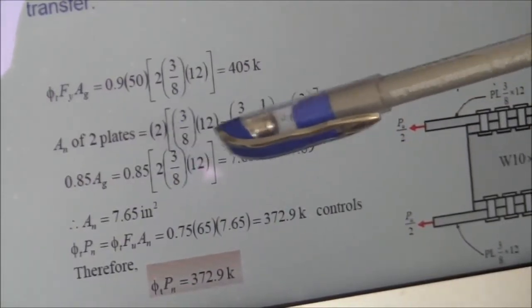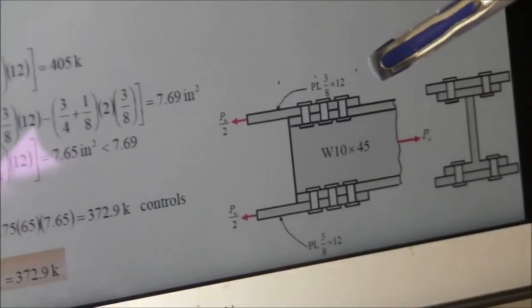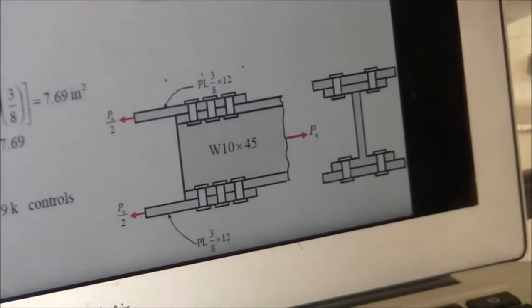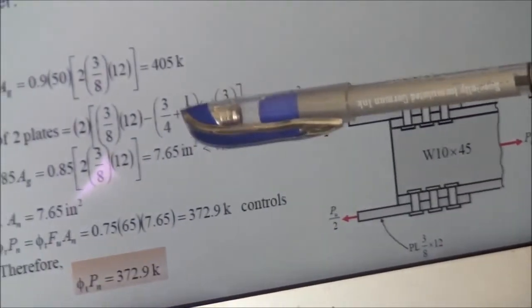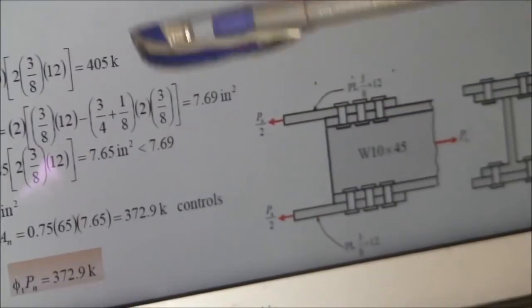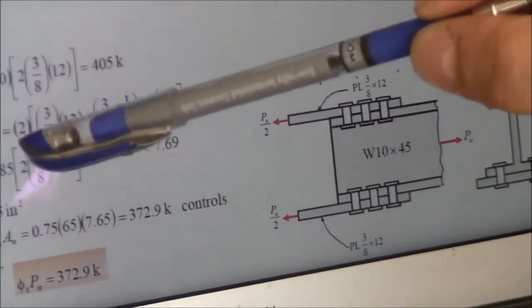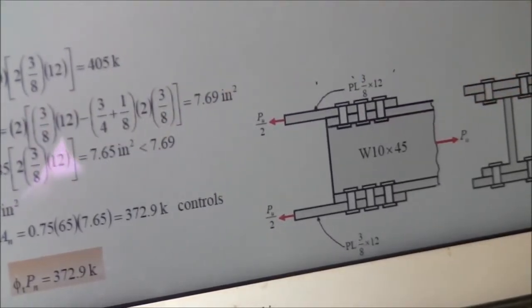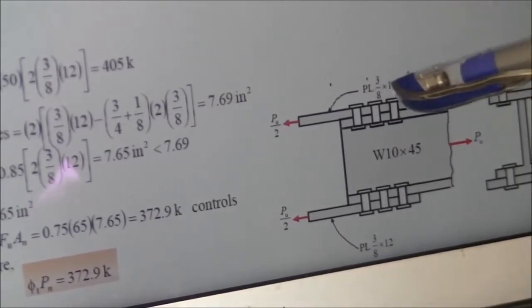And for the two plates, he's subtracting the bolts. You have 2 in each plate, so you have to subtract 2 in each plate. See, minus 3/4 plus 1/8, that's the diameter we take. We always add 1/8 of an inch, times 2 because we have 2. Then there's an additional 2 multiplied on the outside, which means for the two plates, times the 3/8 thickness of the plate.